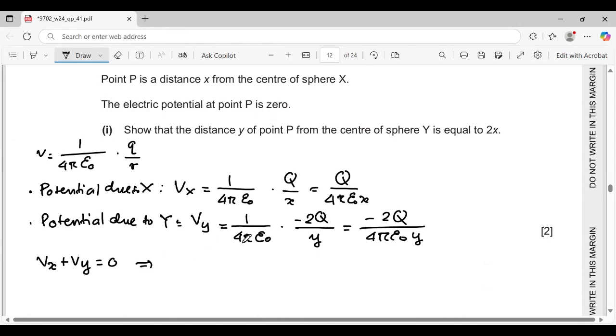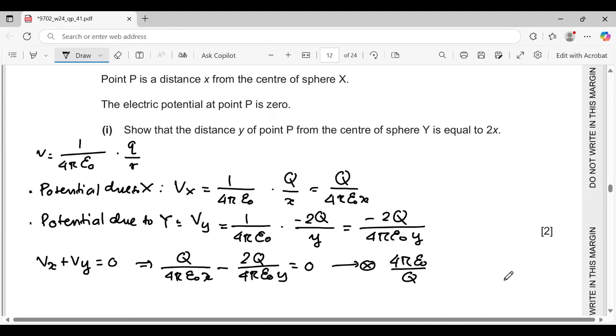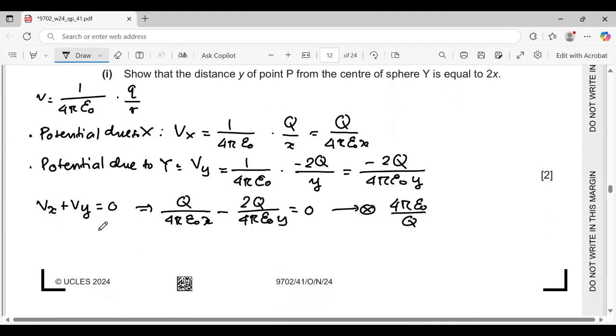So it's going to be Q over 4 pi epsilon 0 x minus 2Q over 4 pi epsilon 0 y equals 0. Multiply both the left hand side and right hand side by 4 pi epsilon 0 over Q. It's going to be 1 over x minus 2 over y equals 0, so 1 over x equals 2 over y. So it becomes y equals x.